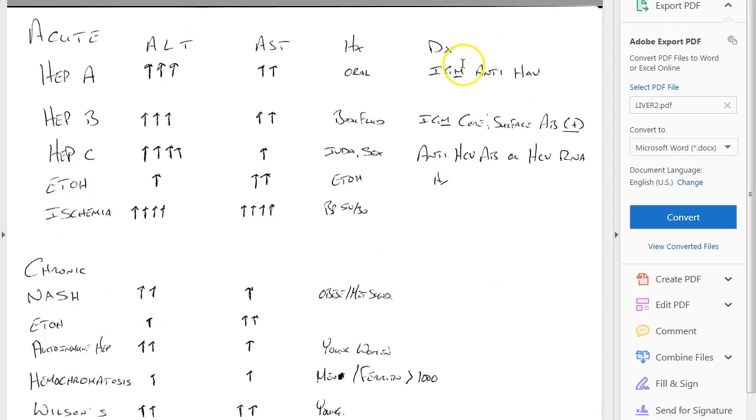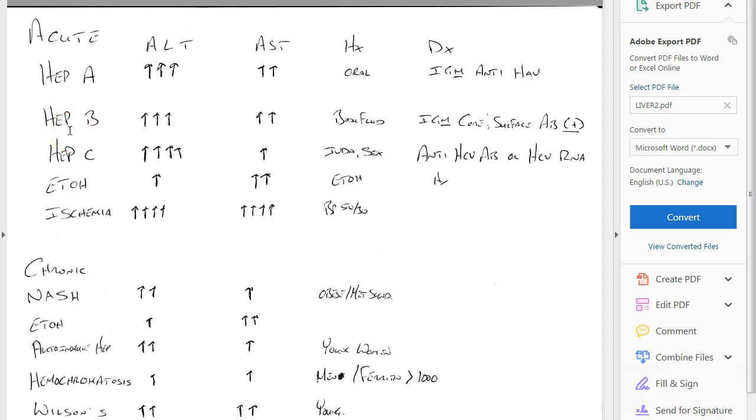The last G anyway, stands for gone. IgM, I always remember the M as being miserable, meaning that this disease, whatever it may be, is still active, therefore the patient is miserable. So you draw a hepatitis panel, if you suspect acute hepatitis A, they should have IgM, so the IgM for miserable, still active disease, anti-hepatitis A virus.